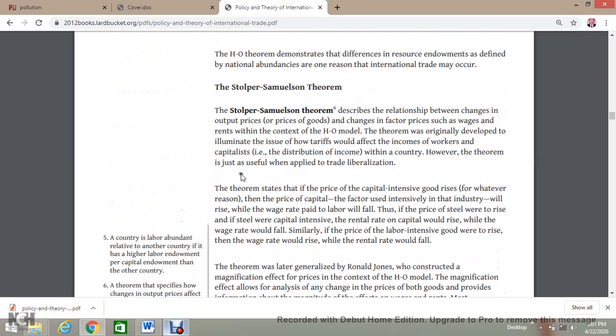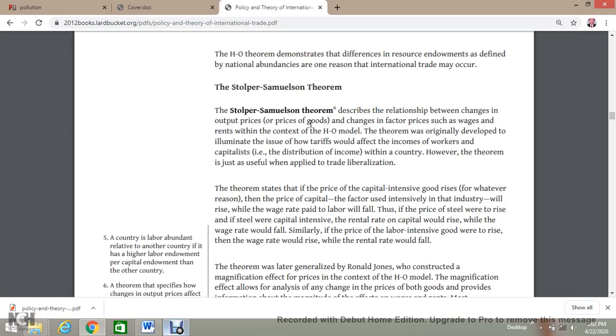The Stolper-Samuelson theorem states the relationship between change in the output prices, that is the price of the goods which are exported: if the prices increase, automatically the prices of the factor inputs utilized in producing these commodities will also increase.